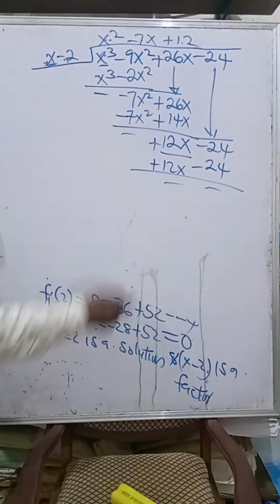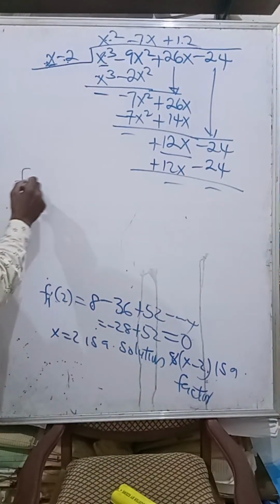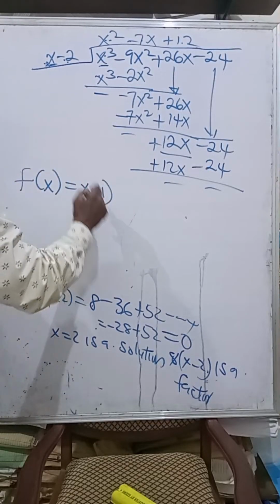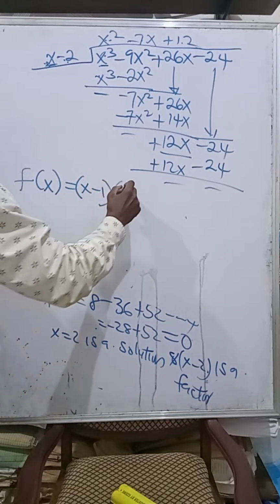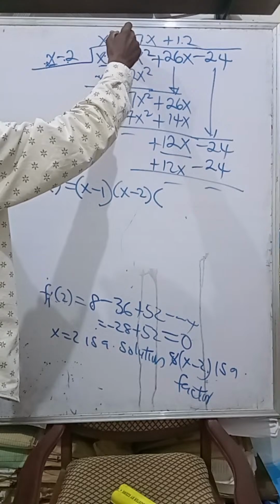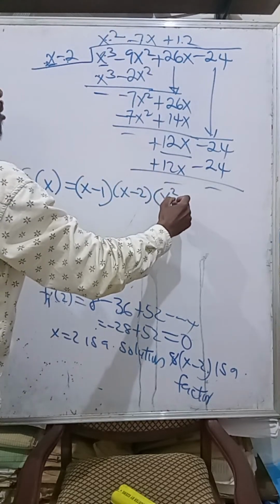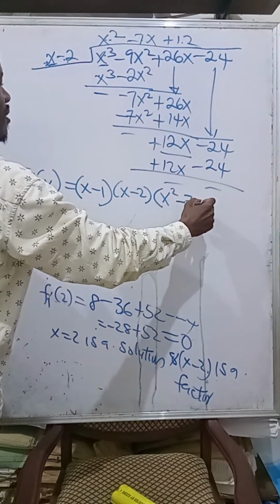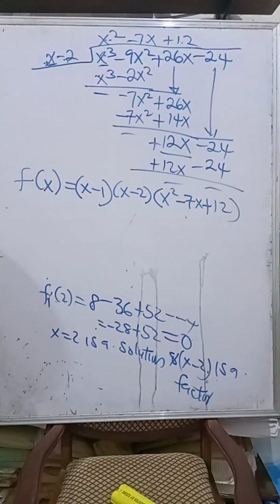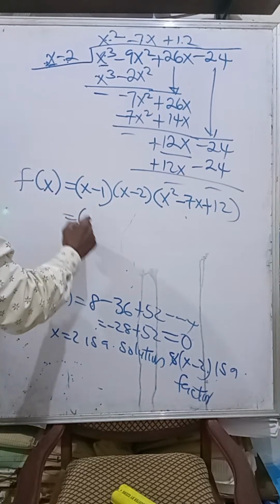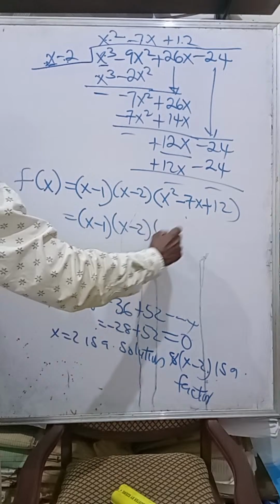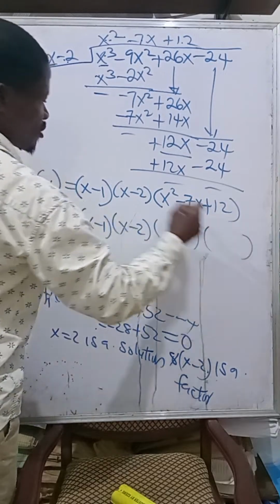So in the final conclusion, the polynomial is now equal to x minus 1 times x minus 2, and then times the quotient, that's x squared minus 7x plus 12. Then we are going to factorize the quadratic. This is a quadratic, it's power 2.